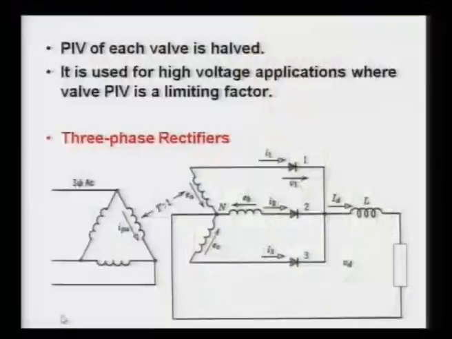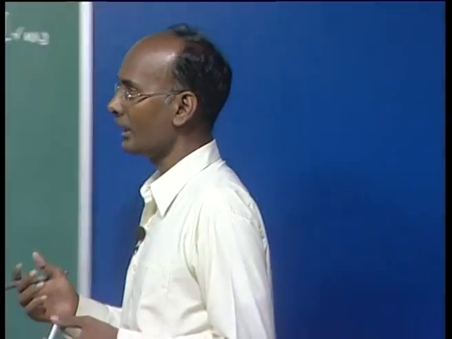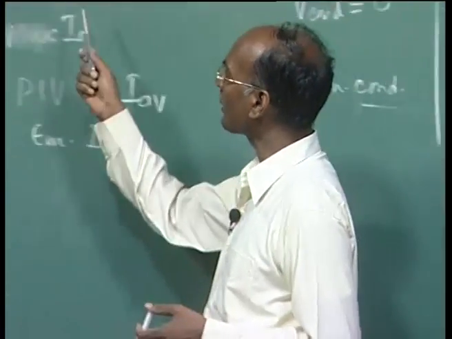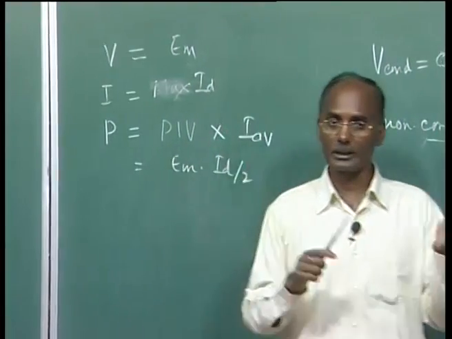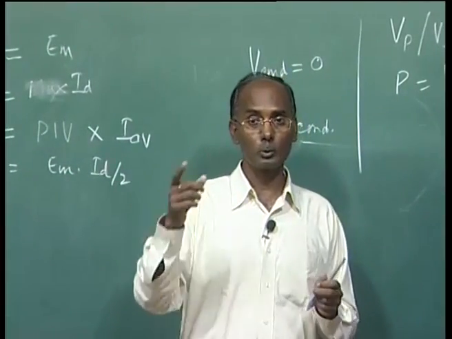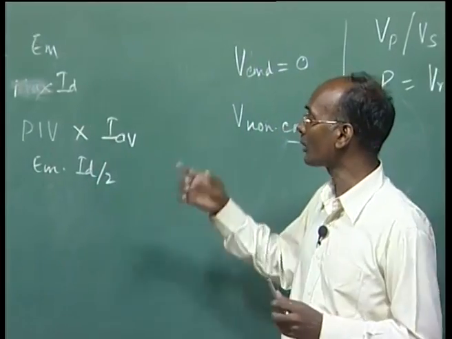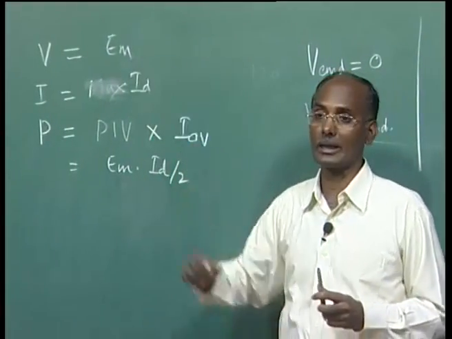In this circuit, the peak inverse voltage is halved, and this circuit is very widely used for high voltage application. Why? Because your peak inverse voltage becomes only Em. In the other full wave rectifier circuit it was 2 Em, and there is a possibility that you cannot get a valve with such a high rating.